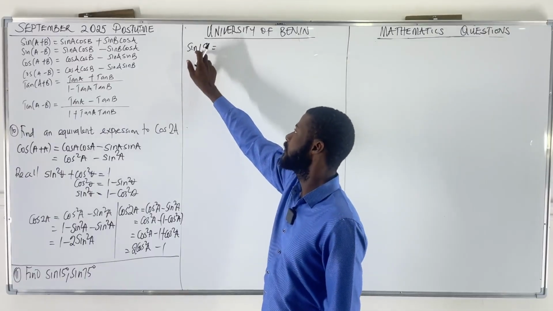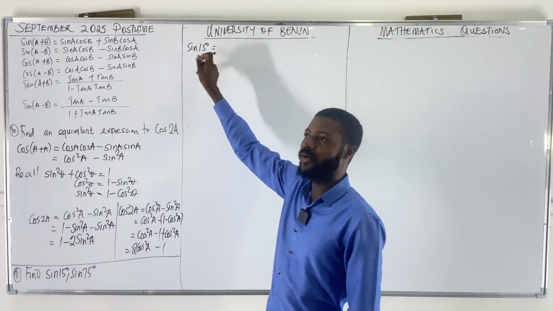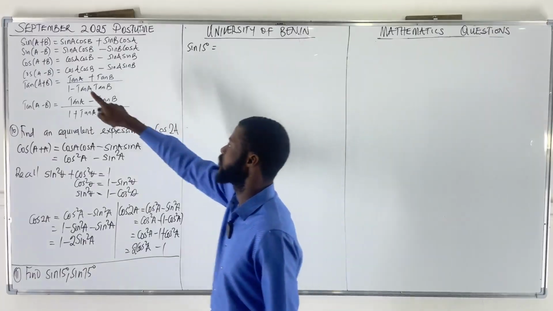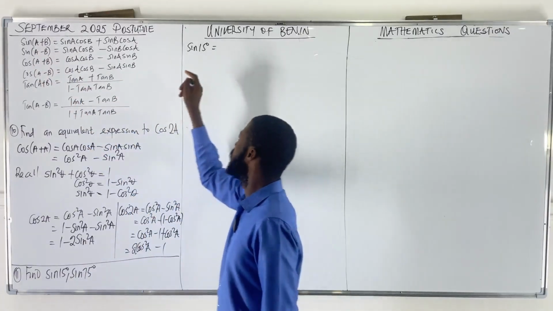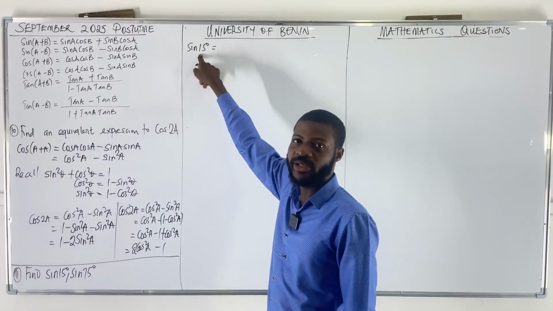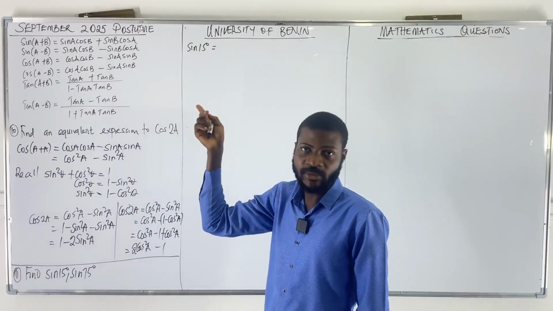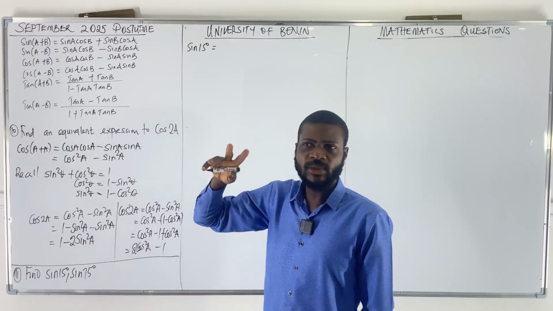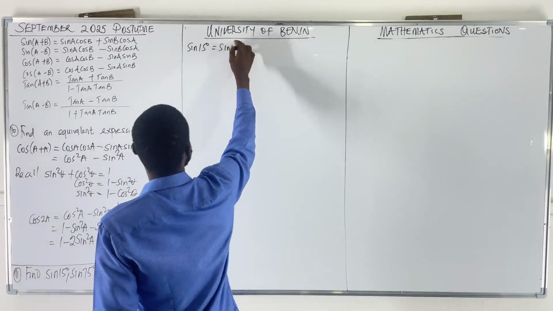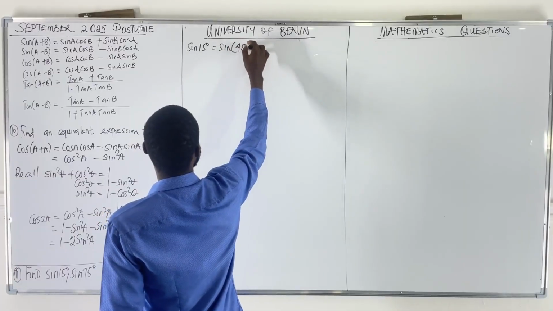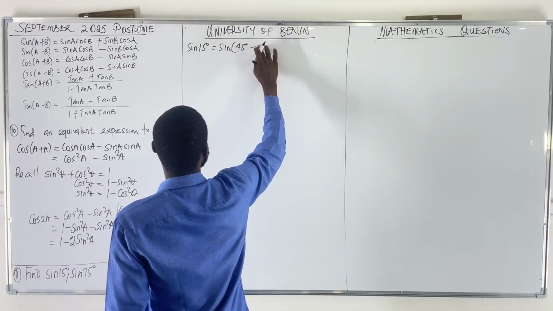But can we write this in terms of a sum or a difference? Because we either have an addition or a subtraction. Can we write this as a sum or a difference of two other special angles? Yes. Are there two special angles that you will subtract to give you 15? Of course. So sine 15 is sine of 45 degrees minus 30 degrees.